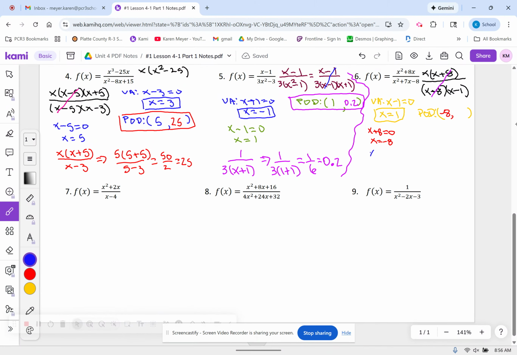I had x over x minus 1. So now plug in -8 for all your x's. So -8 over -8 minus 1. And if I work that out, I get -8 over -9, which as a decimal is about positive 0.9. And that gives me my POD.